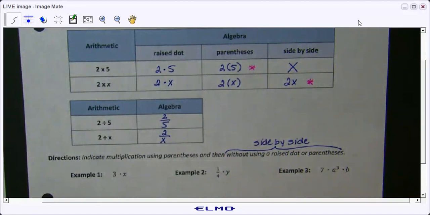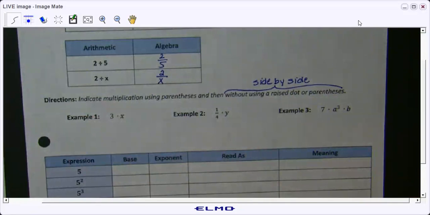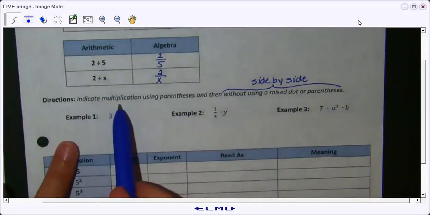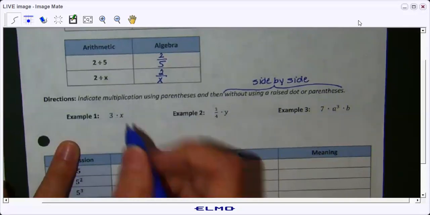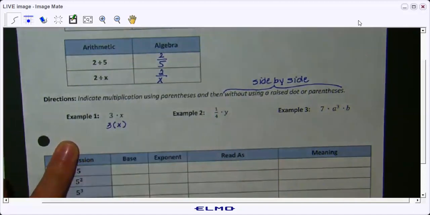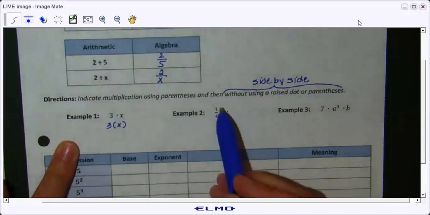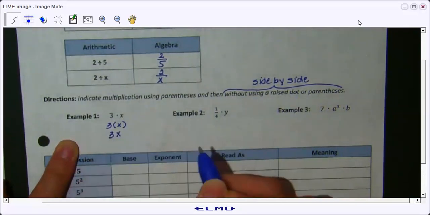So what I want you to do right now is I'm going to do example 1 with you, but then you're going to do examples 2 and 3 on your own. Okay, so it says indicate multiplication using parentheses. So 3 times x. Well, I can write it as 3 times x, and then side by side, 3x.